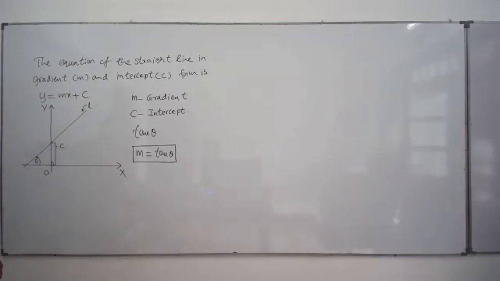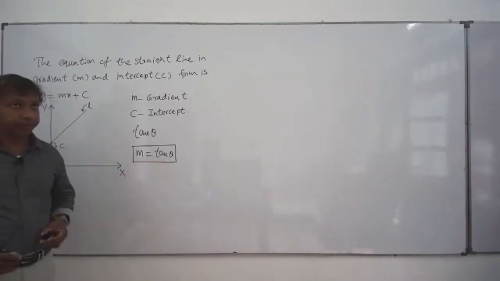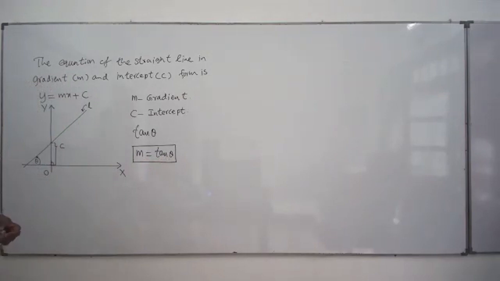Gradient of line is defined as tan theta. Write down, that is, m equals tan theta.